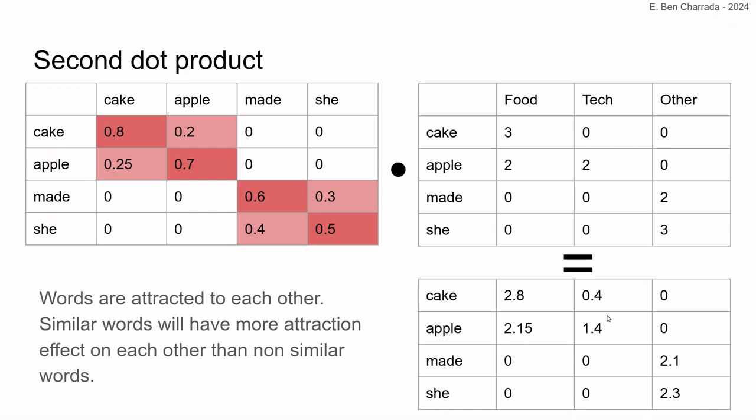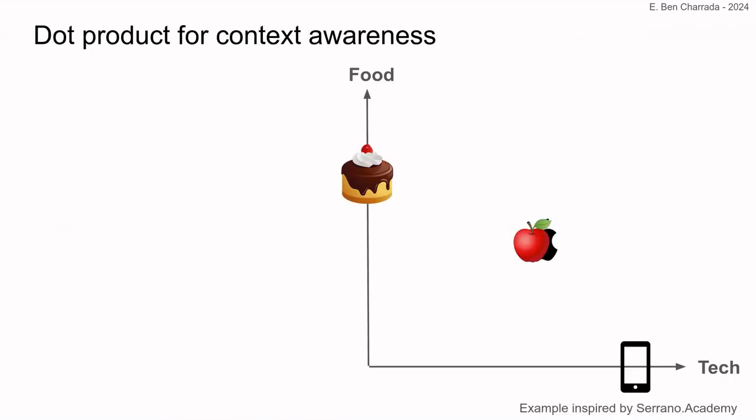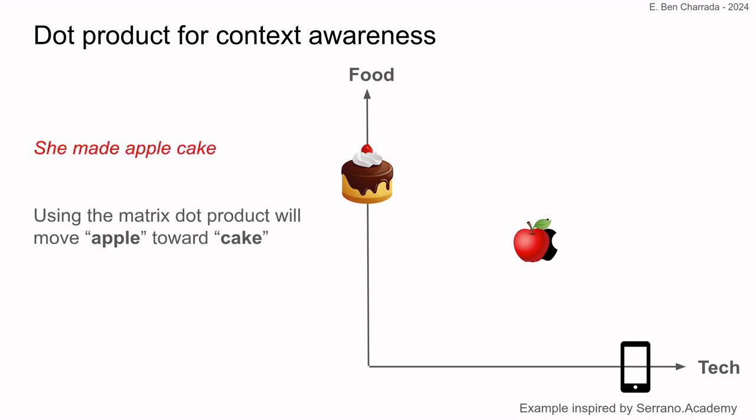So this dot product attracts similar words to each other. The more similar they are, the more they will attract each other. If we look here in our figure, when I use the attention mechanism, apple will attract cake to it, so it will go more towards food.